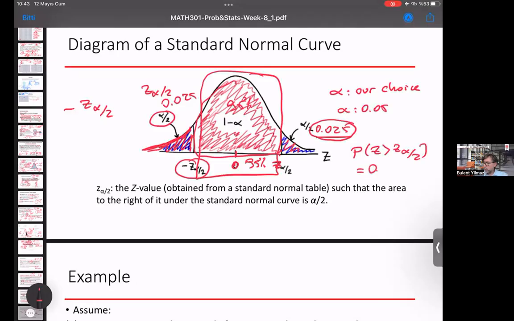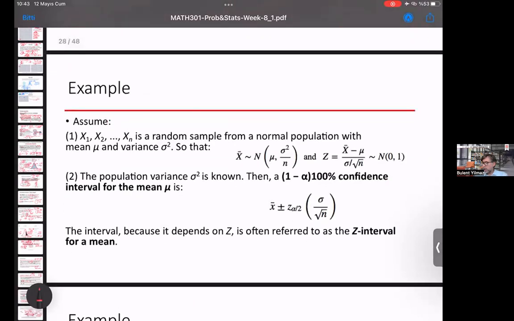The probability of obtaining a z value greater than z alpha over 2, which is z 0.025, is only that small. Okay, let's continue with some examples. So here is my confidence interval. We will use this very often.